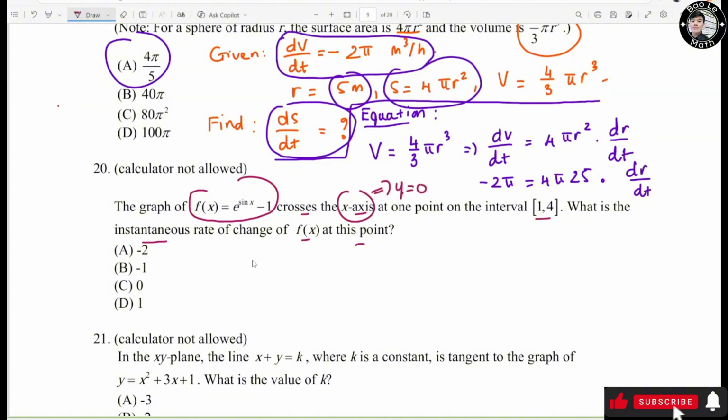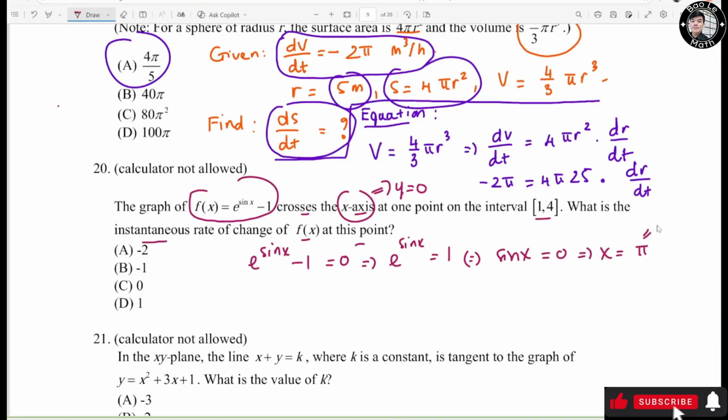So we have e to the sine s minus 1 equals 0. It's the same thing as e to the sine s equals 1, which is the same thing as sine s equals 0, and then s equals pi.